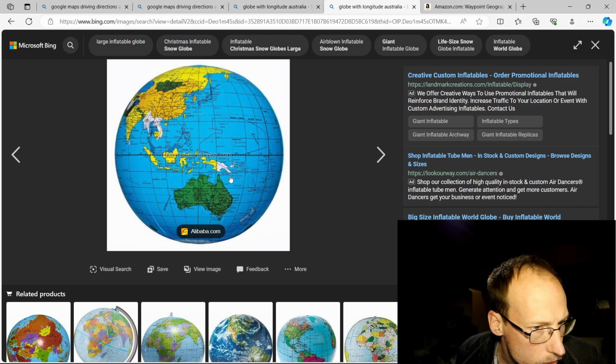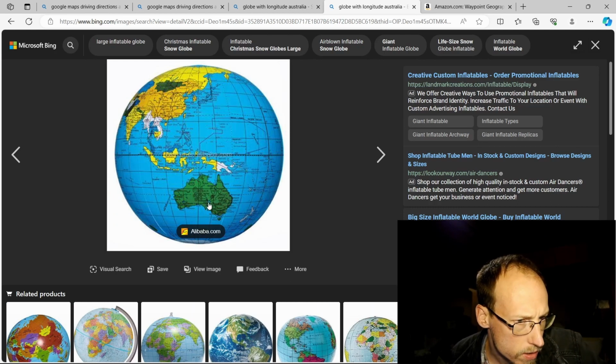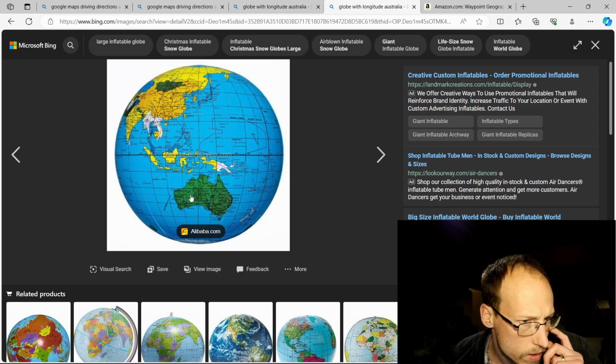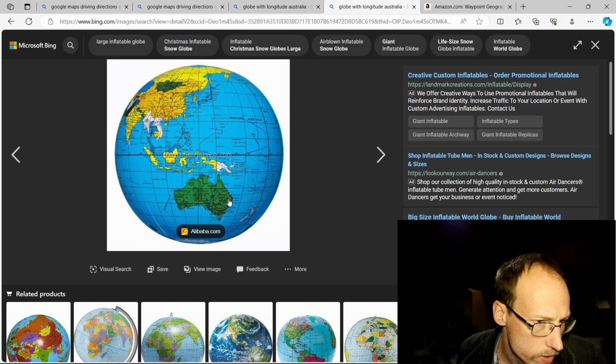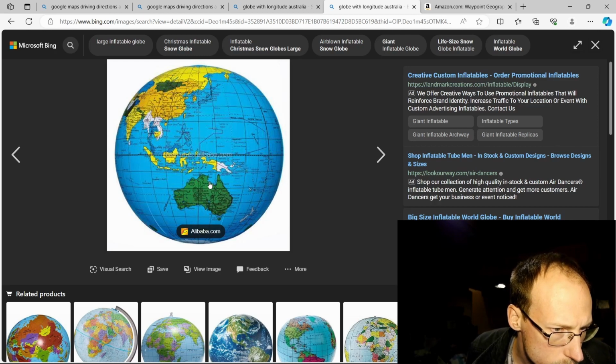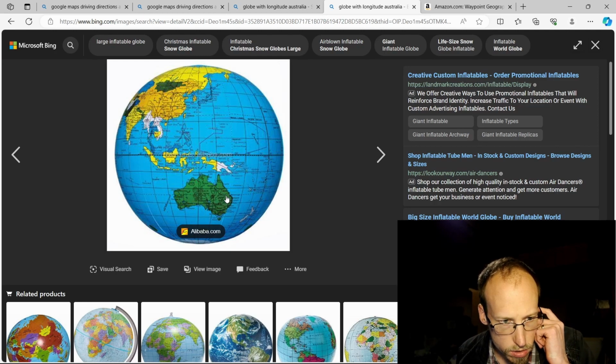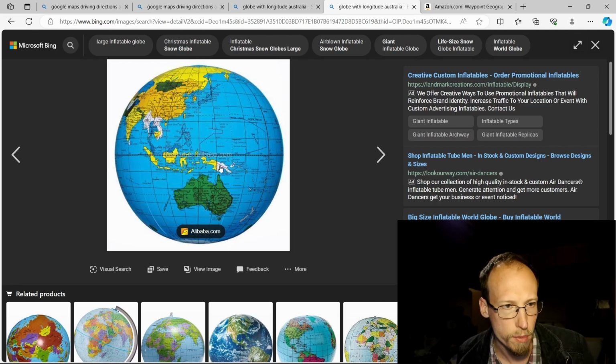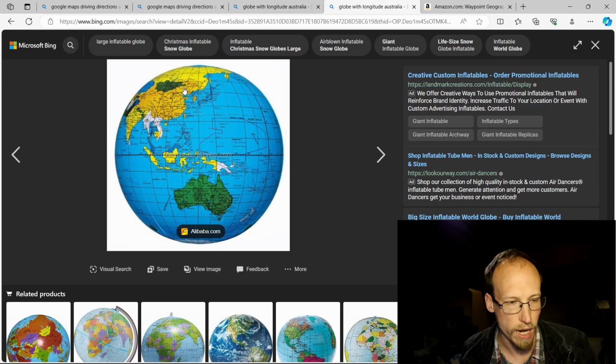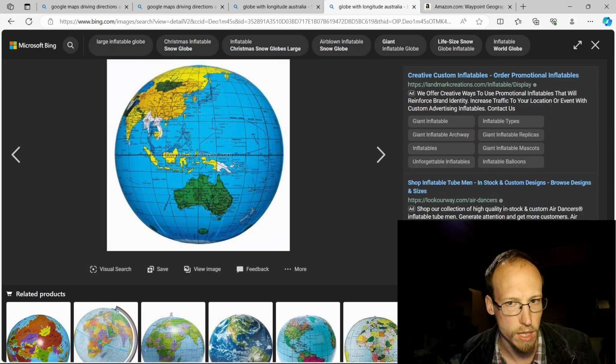You just can't really see it. Point being, these lines are this way, and these latitude lines are this way. If you stretch out your map, that is the shape of Australia that you would get.